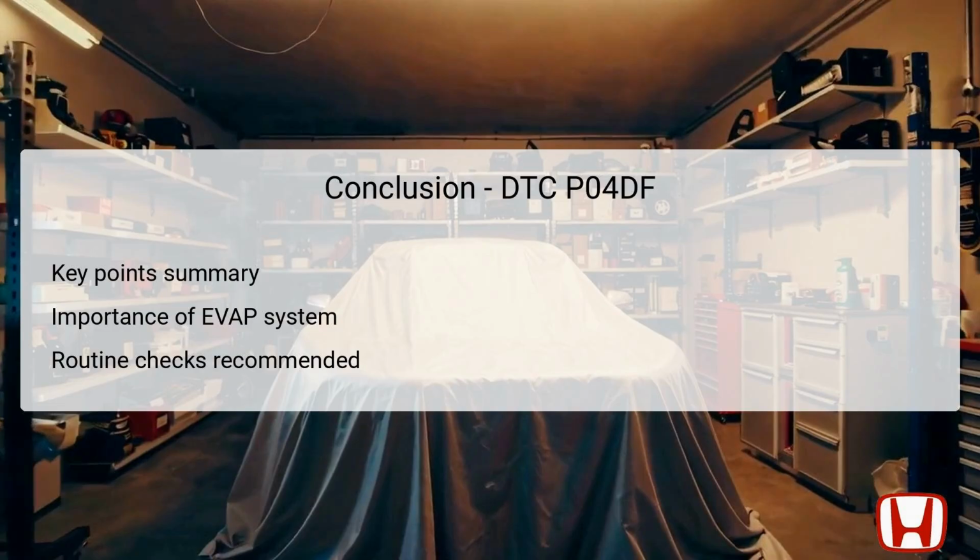The troubleshooting process involves diagnosing both the evap canister purge valve and the vent shut valve to identify any operational failures. Recognizing symptoms such as engine performance issues and increased emissions can lead to timely repairs.